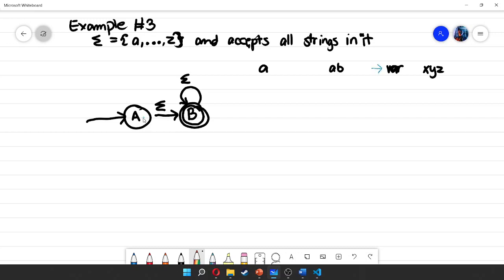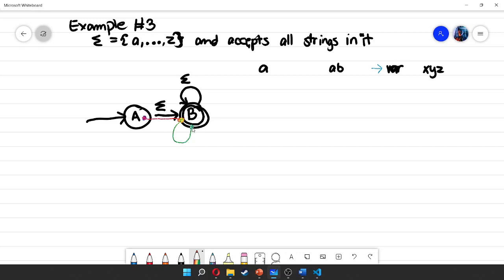So let's just say we start reading letter V at state A. Therefore, we go to state B because letter V is part of our sigma. After that, while we are in state B, nakabasa na ta og letter A, the symbol. We go back to state B. Okay?